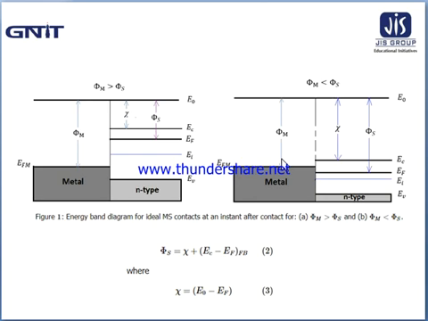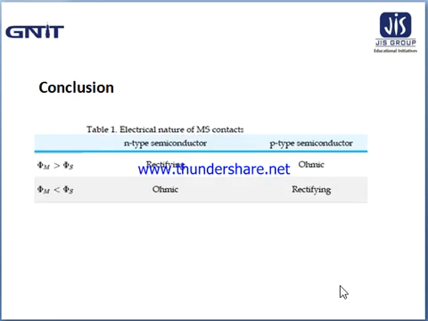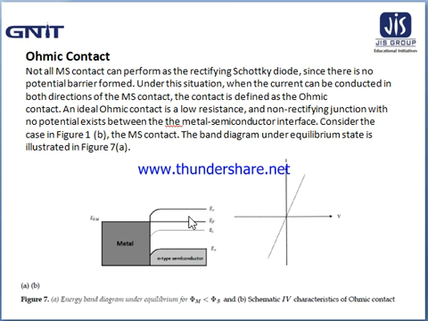In this condition, the metal semiconductor contact with phi m less than phi s, electrons will transfer from the metal to the semiconductor due to their higher energy, which will cause the Fermi level in the semiconductor to move up until the equilibrium state is established. Now, the band diagram under equilibrium state is shown in figure 7a.